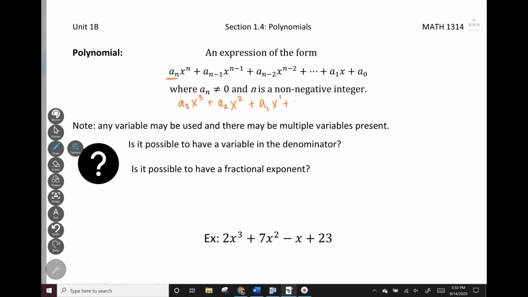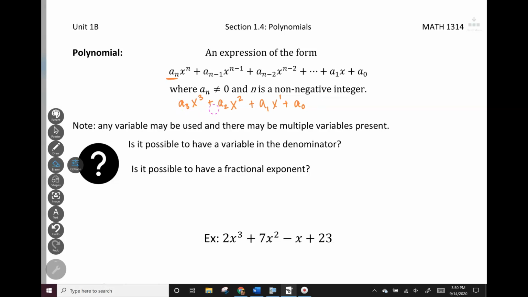My next one, if I continue that pattern, decreasing this number by 1, would be a sub 0 and then x to the 0. Well, anything to the 0 is 1, so you don't really need that last x.